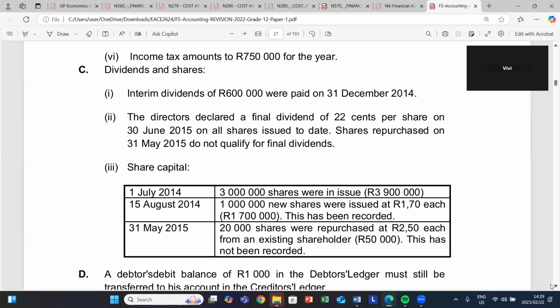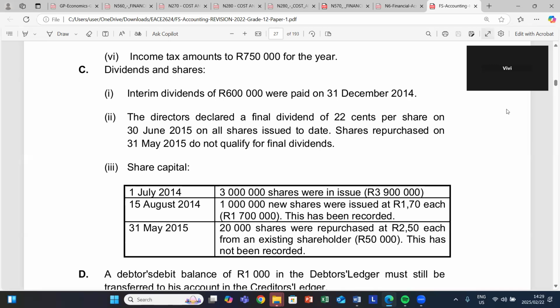So I took the shares issued for July 2014, and then I also took the one for the 15th of August 2014, and then I added the whole amount, and then I multiplied by the 22 cents. And that's how you got your final dividends.